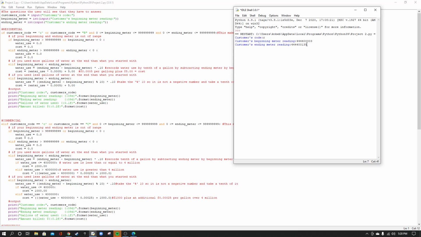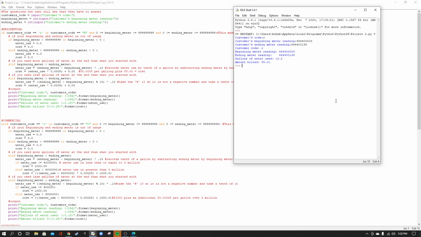So we have our three inputs: our customer code, beginning meter reading, and ending meter reading. And if everything is true, and we put in numbers that are within range, and we have a customer code that equals either an R, a C, or an I, and it's an R, so it will go through the R, the residential statements.